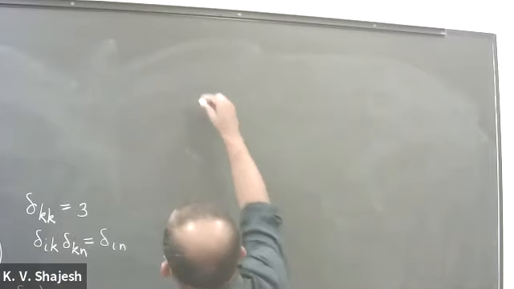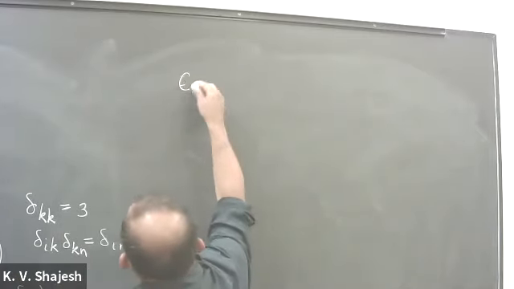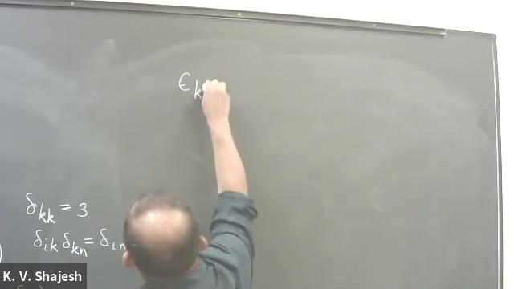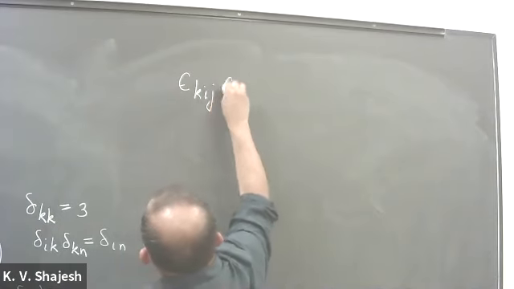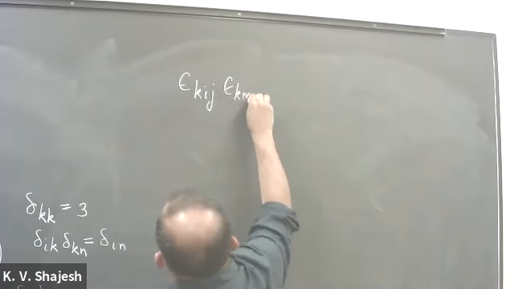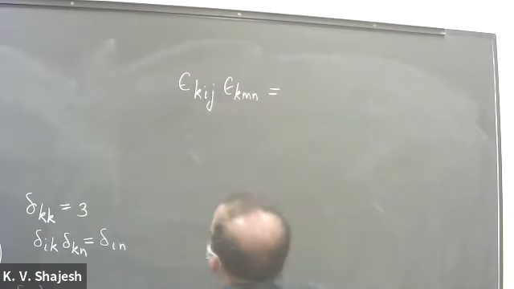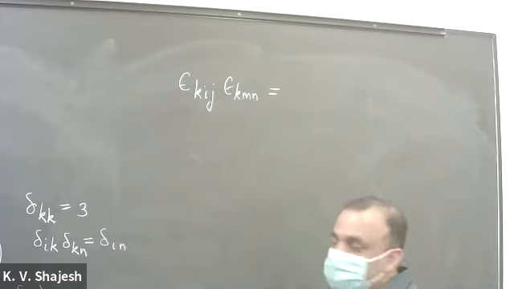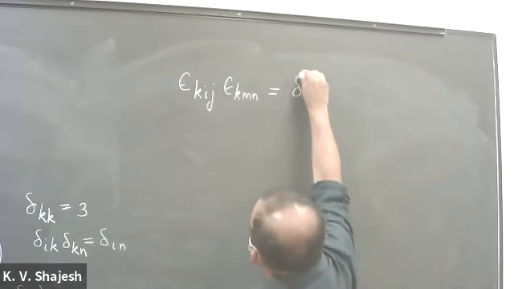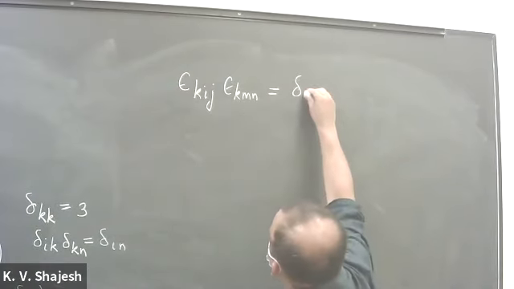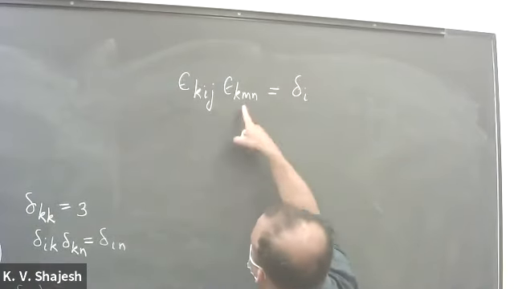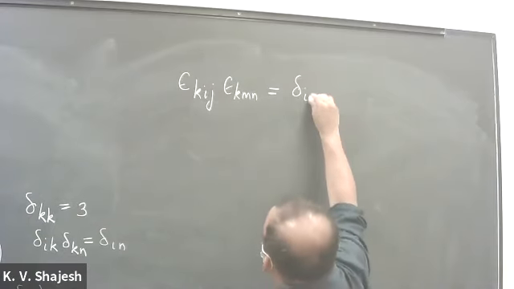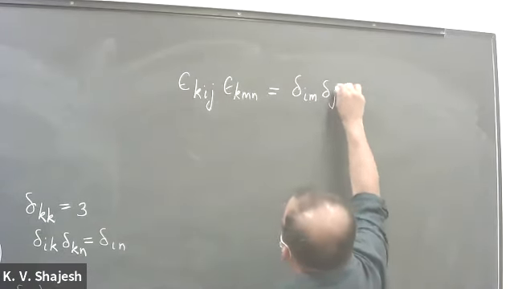Notice what we have got is that epsilon KIJ times epsilon KMN is equal to, notice how it works. K is summed, so it's gone. It is a dummy variable. I goes with M, and the second one goes with the second one.